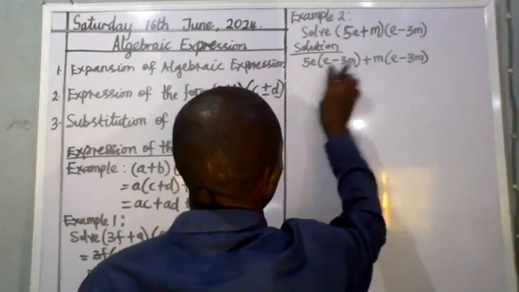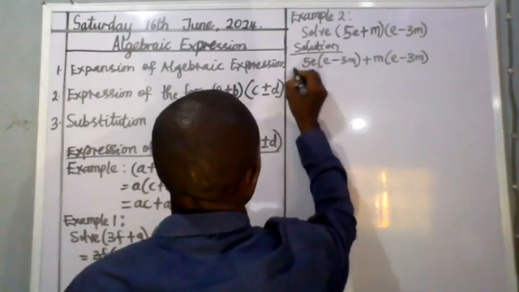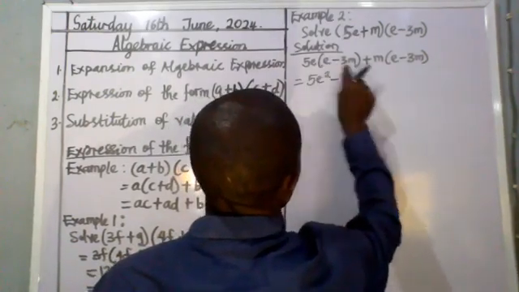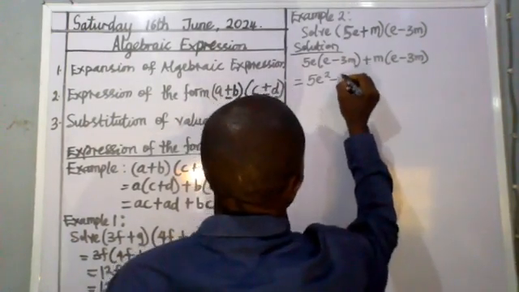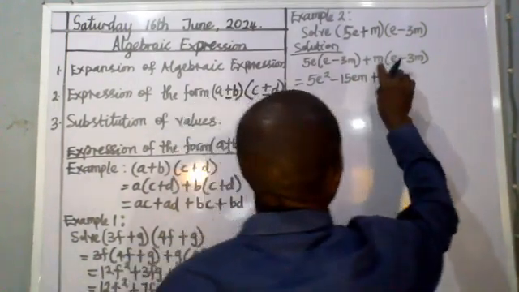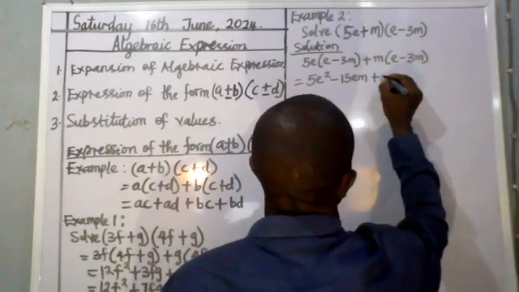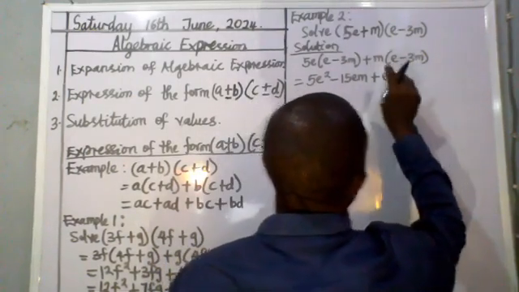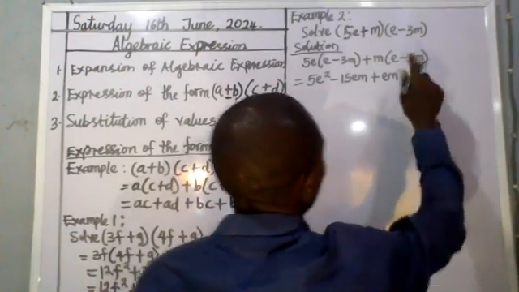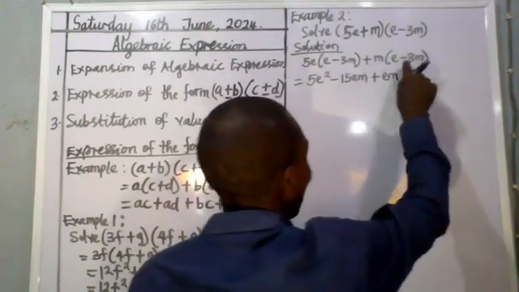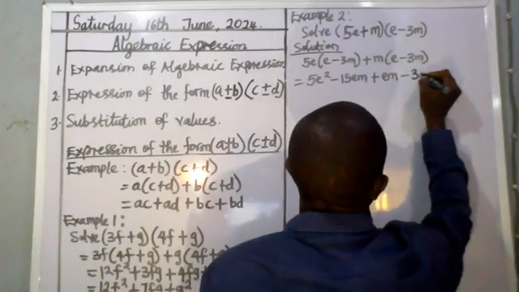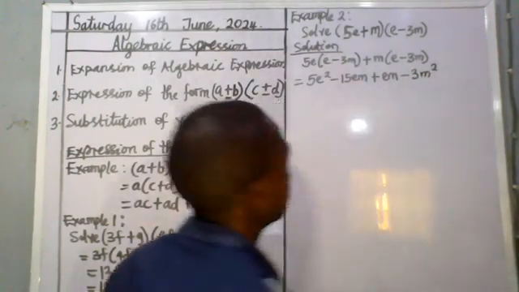Now 5e multiplied by e will give us 5e raised to power 2, minus 5e multiplied by 3m will give us 15em, plus m multiplied by e will give us em, then plus m multiplied by minus 3m, plus times minus will give us minus 3m raised to power 2. Great.